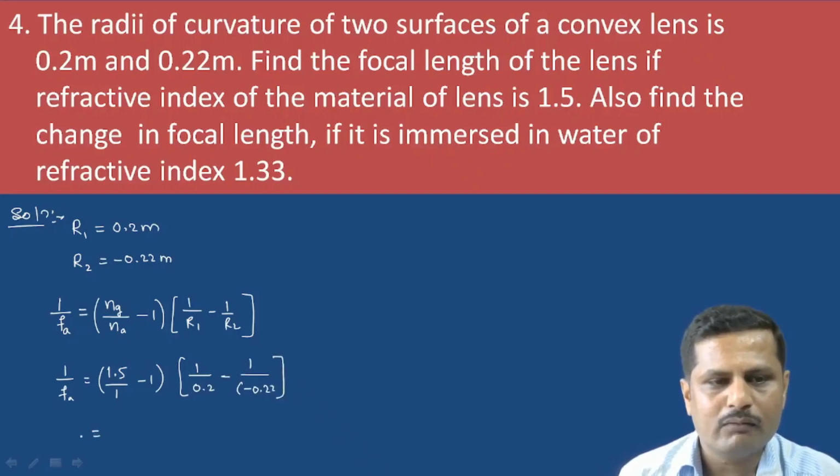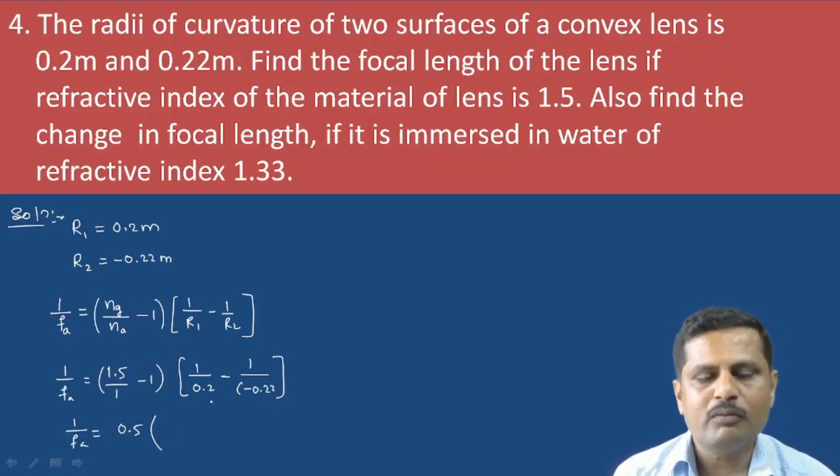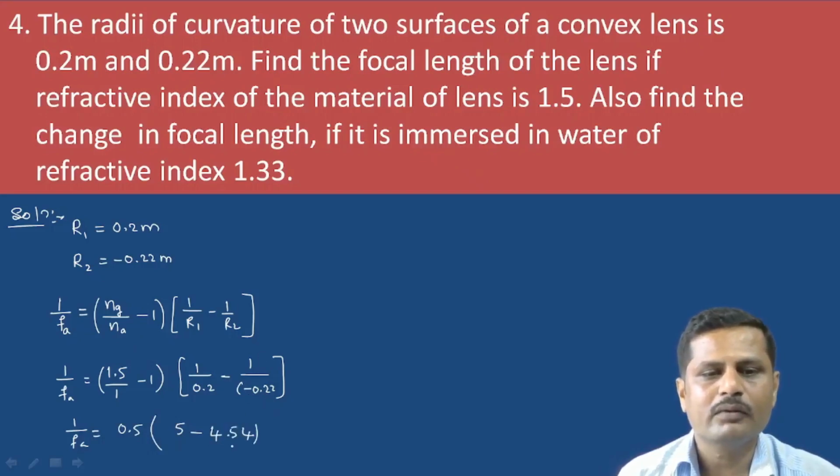Okay, 1 divided by Fa equals 1.5 minus 1, which is 0.5, of 1 by 0.2, which is 5, minus, this minus 1 becomes plus, 1 divided by 0.22, which is 4.54.